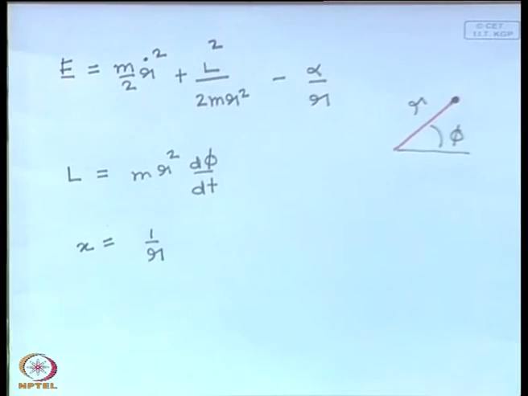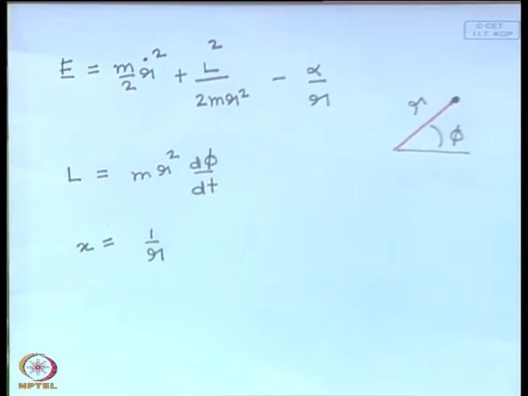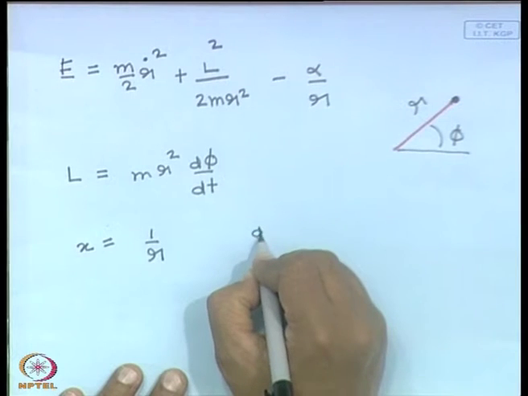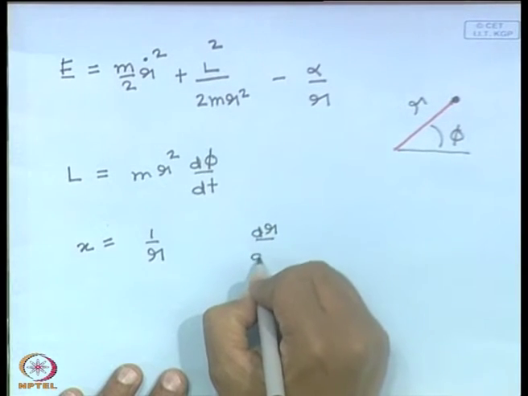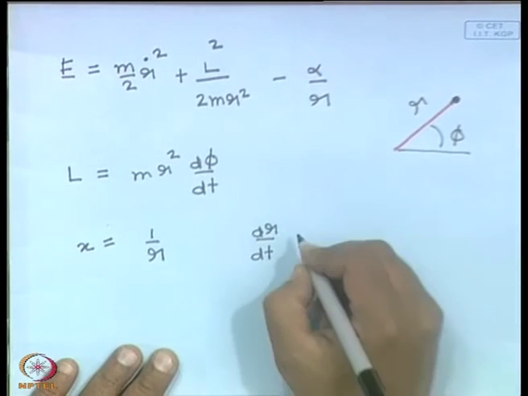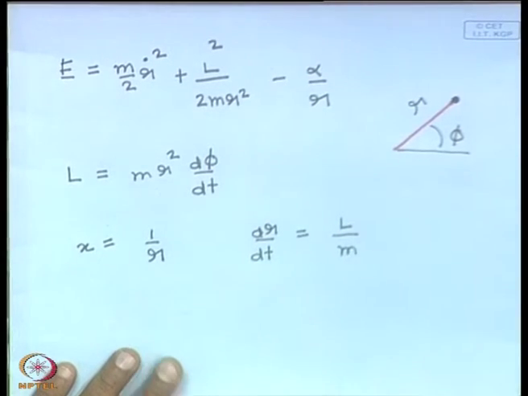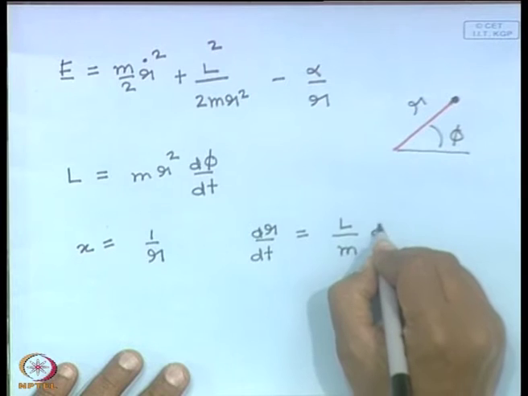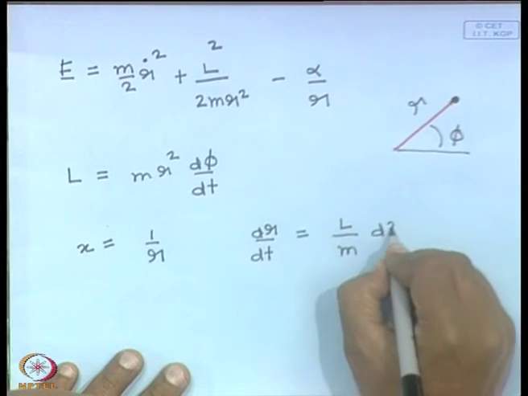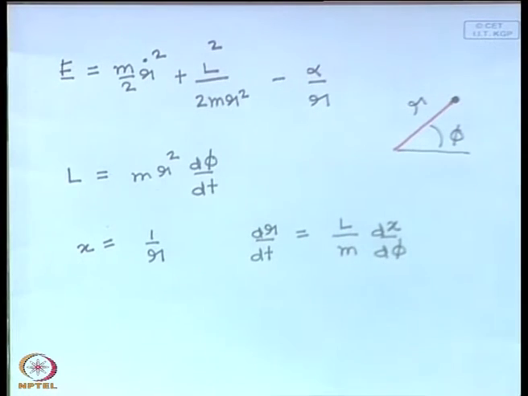Using x, the time derivative of r can be written as L by m into the phi derivative of x. Okay, we did this algebra in the last class. This is straightforward algebra, nothing much to it.